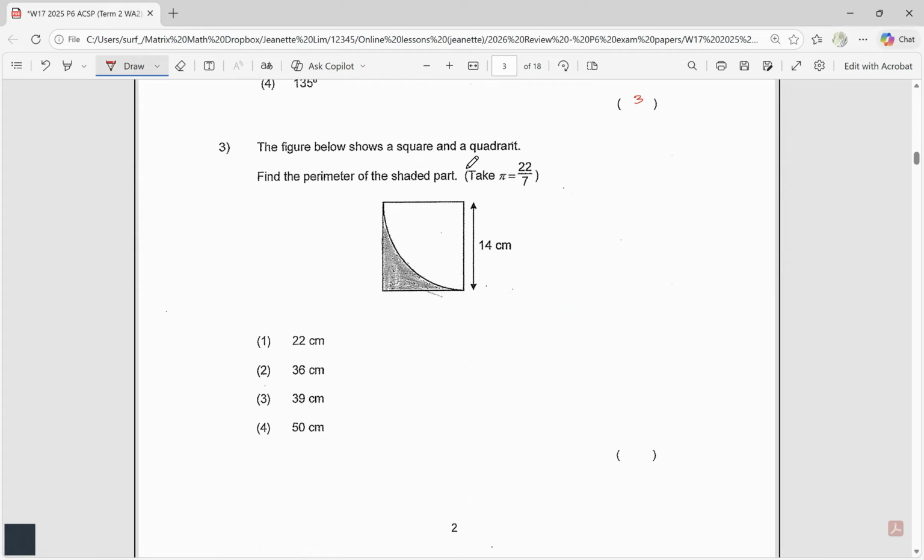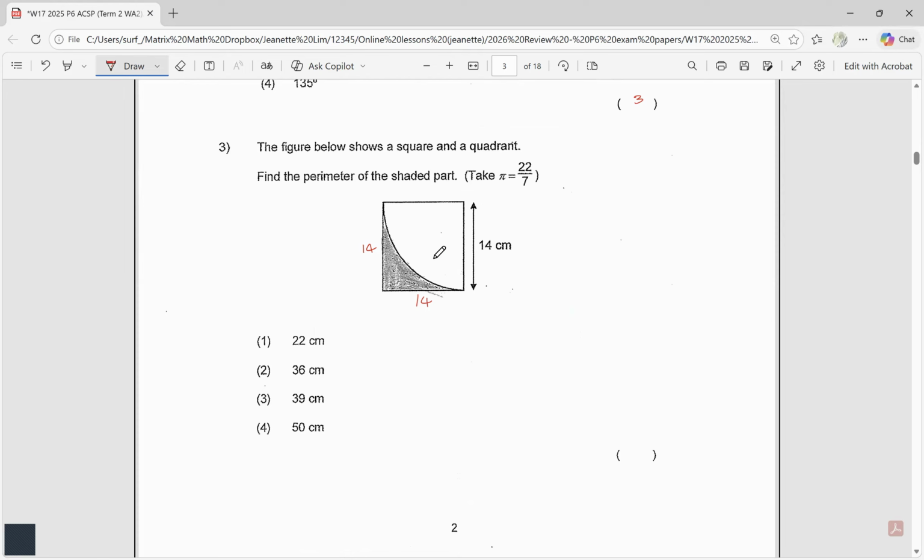Question 3. The figure below shows a square in a quadrant. Find the perimeter of the shaded part. Now, the shaded part is made up of two straight lines, which is this 14, and the arc of a quadrant here. So you need to find the arc of the quadrant.